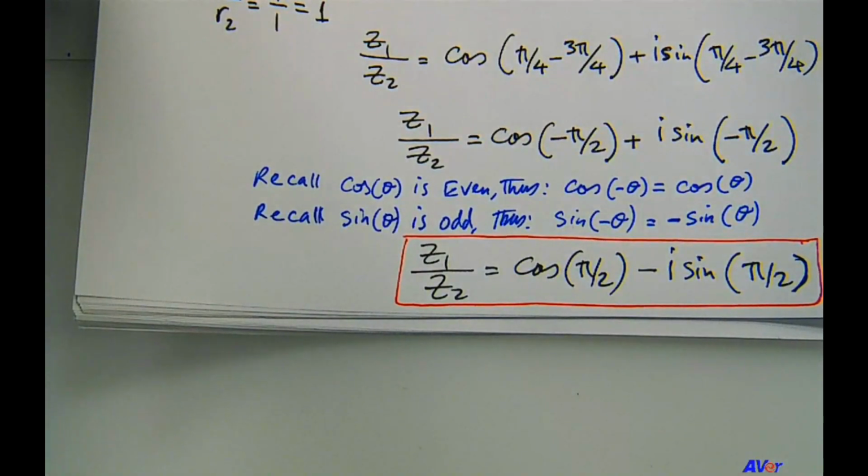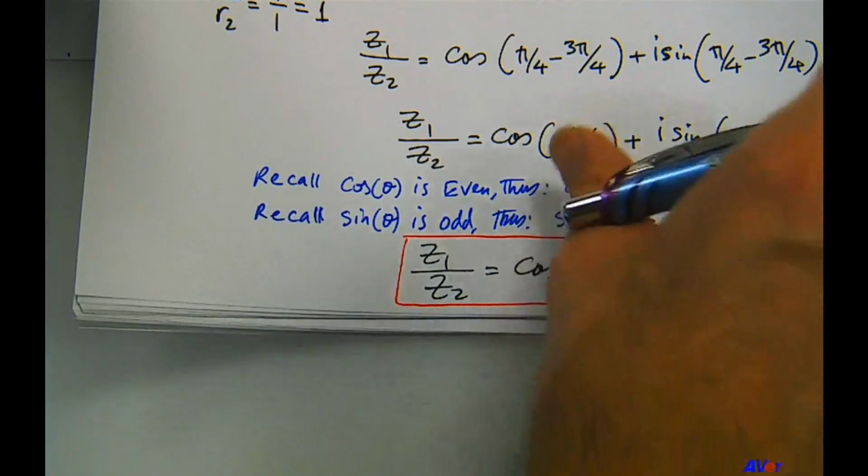Let's move forward to the formula that is used when we raise a complex number to some power, and that is called de Moivre's theorem. So let's look at that.